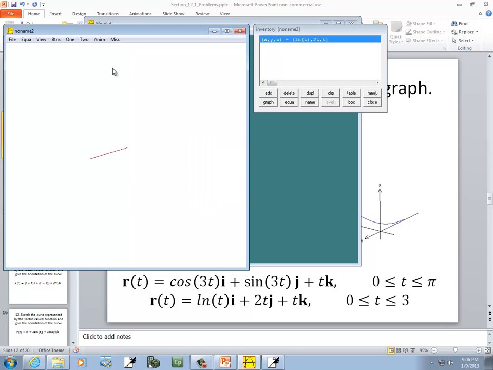Now click OK and do a view axis. I have to rotate a little bit to actually see it.